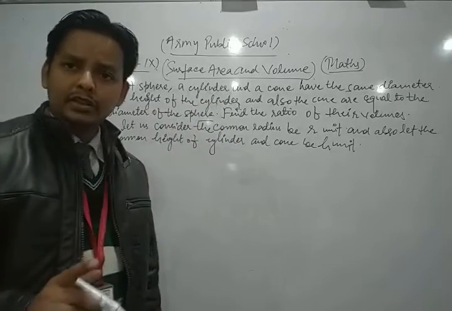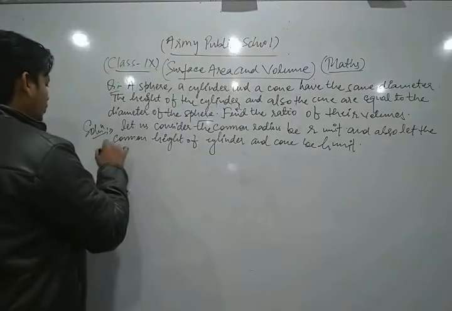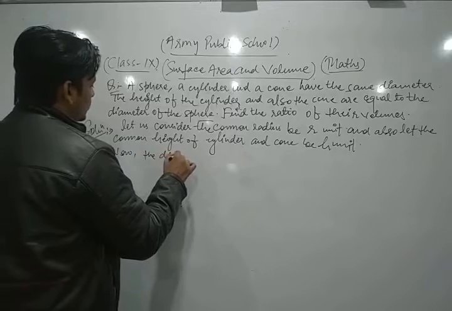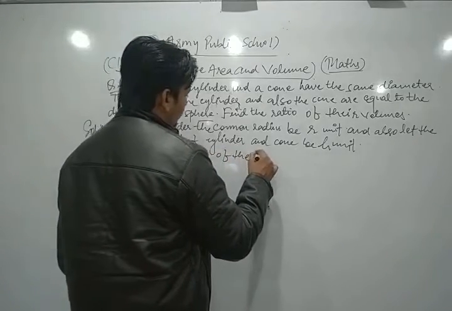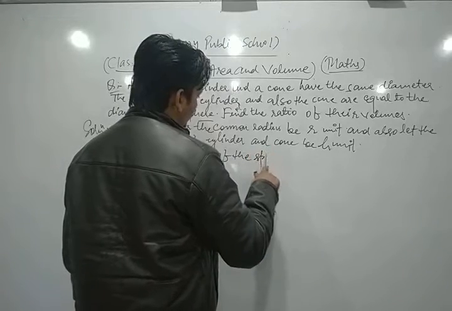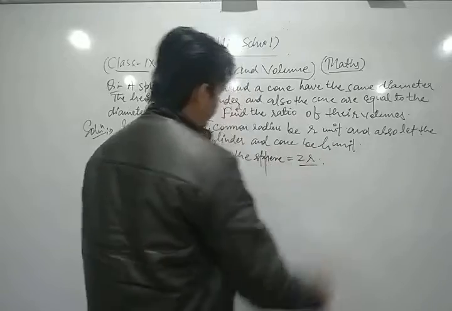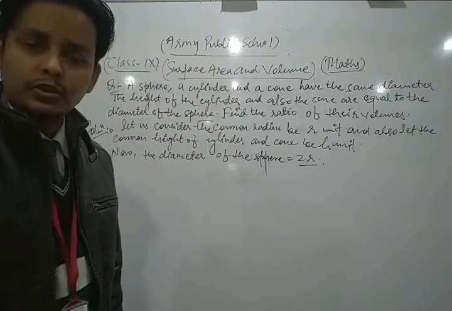If r is the radius of the sphere, then the diameter of the sphere is what? 2 into r. This is the diameter of the sphere, that is 2 into r.